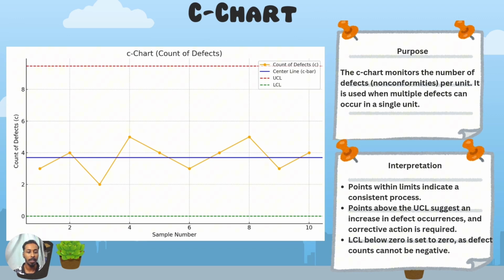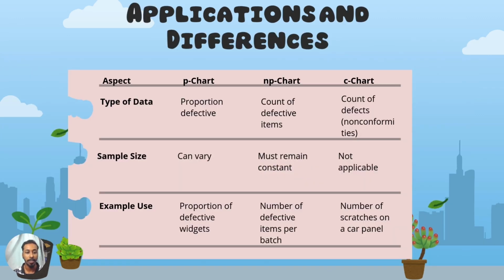So next will be application and differences, in terms of type of data, sample size and example use. The P chart is for proportion defective and its sample size can vary. An example use is the proportion of defective widgets.